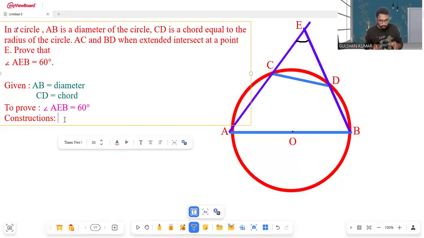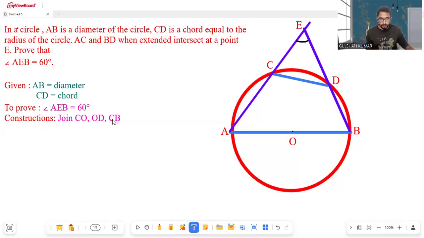So join. First of all, we have to join CO, OD, and also CB. We have OD, we have CO, and we have CB.